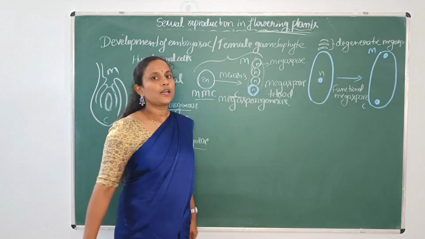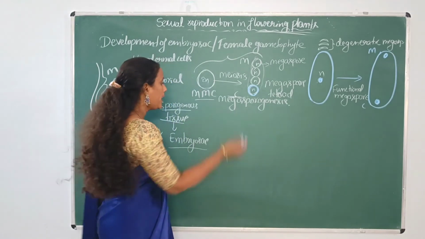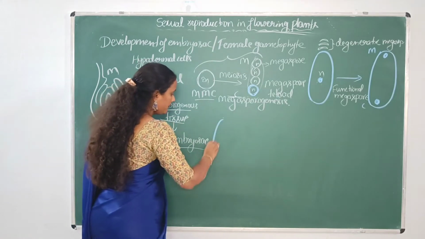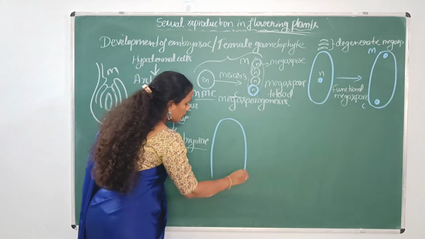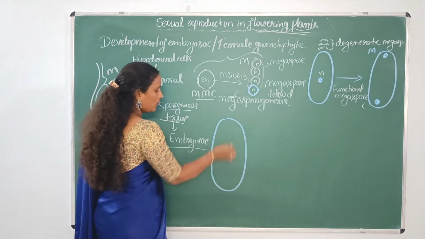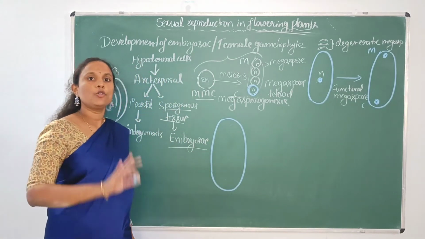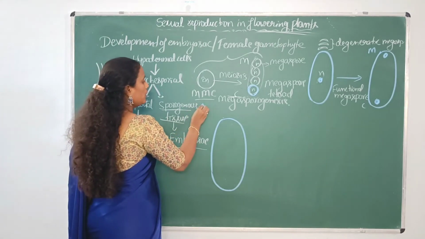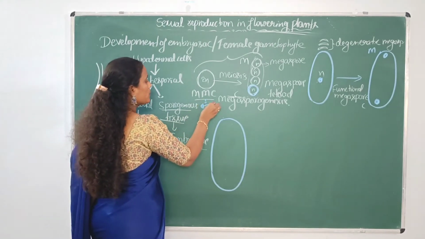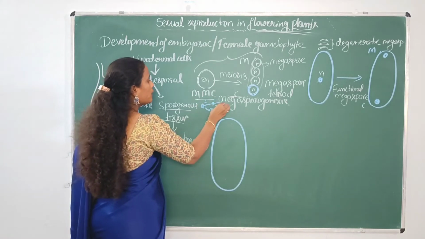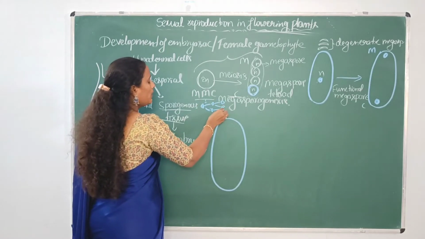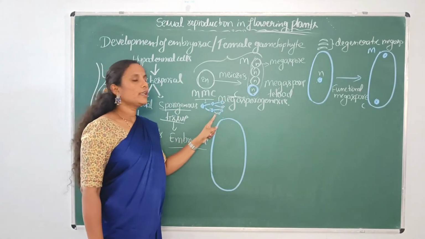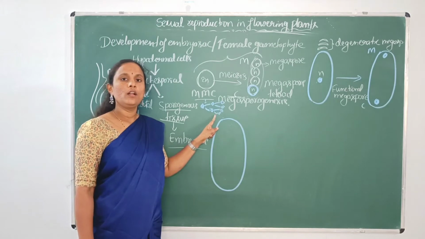After reaching the poles, they undergo 2 more divisions. The single nucleus at each pole undergoes a first division producing 2 nuclei, and then 1 more division forming 4 nuclei. Now tell me, how many nuclei are formed at each pole?